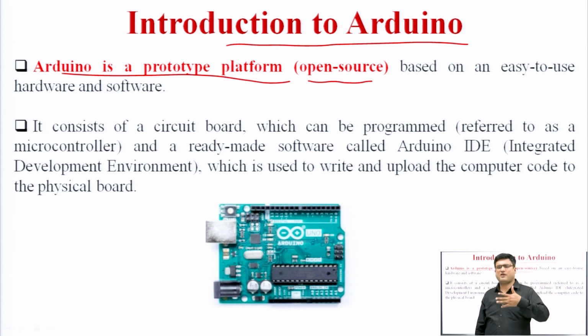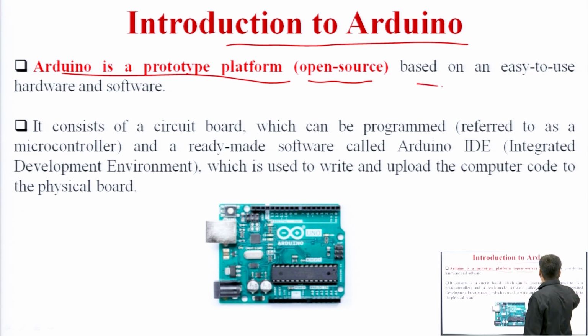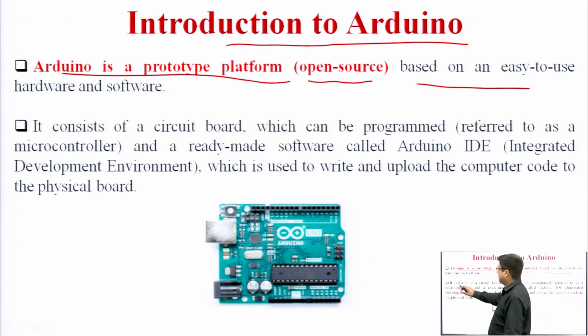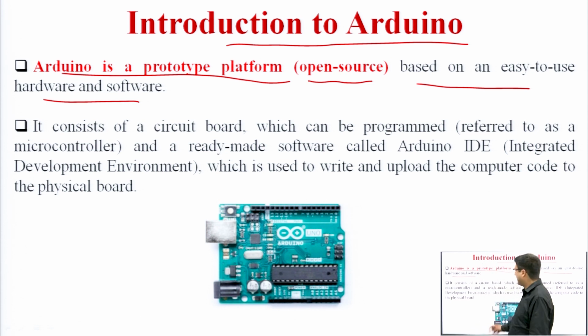It is based on easy to use hardware and software. Both the hardware, that is Arduino and its libraries, and software like the IDE, integrated development environment, are very easy to use.